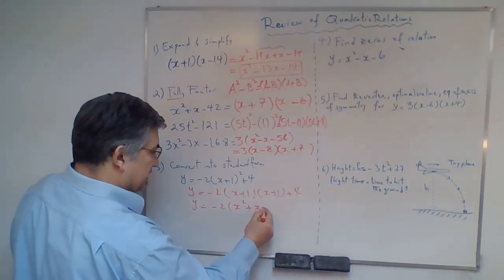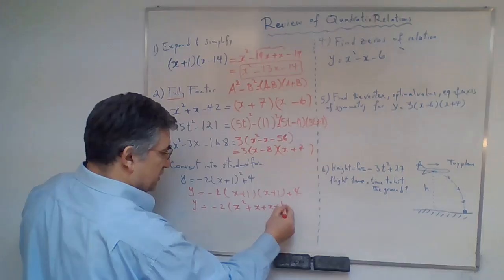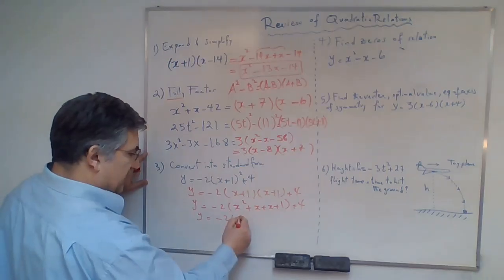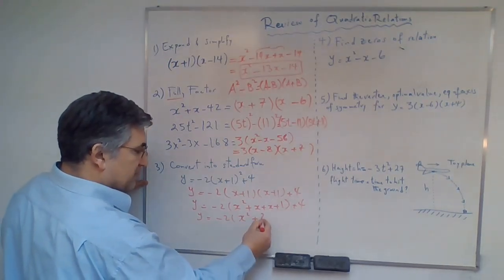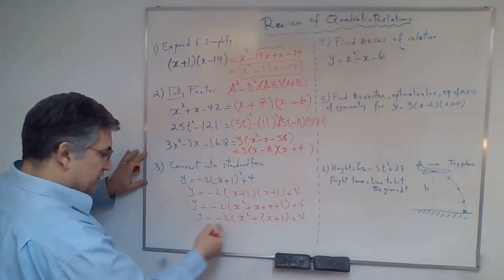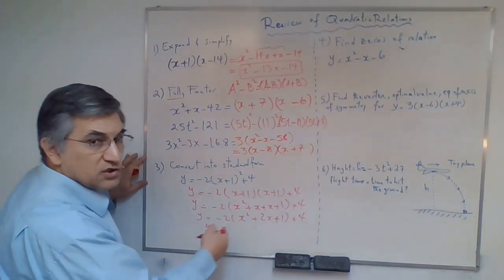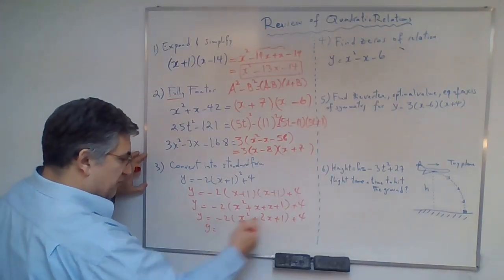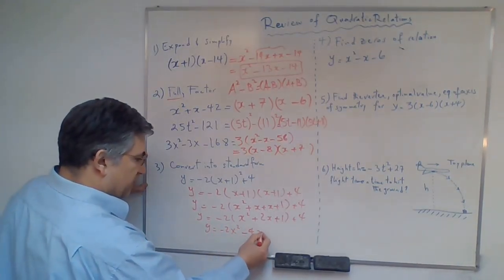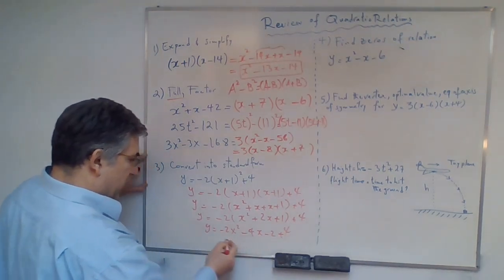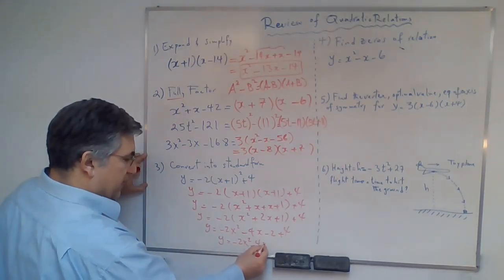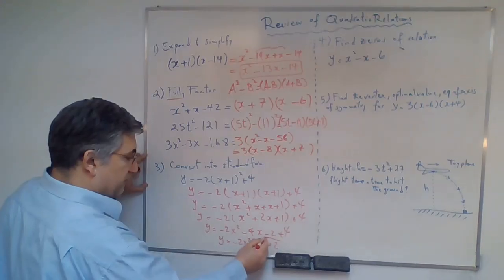X squared plus x plus x plus 1 times 1 is 1. And then we collect like terms inside the brackets, following BEDMAS. x plus x is 2x, clearly. And now it's time to use the distributive law and multiply -2 by every single term inside the brackets. -2x squared minus 4x minus 2 plus 4, and that gives you -2x squared minus 4x plus 2, final answer.